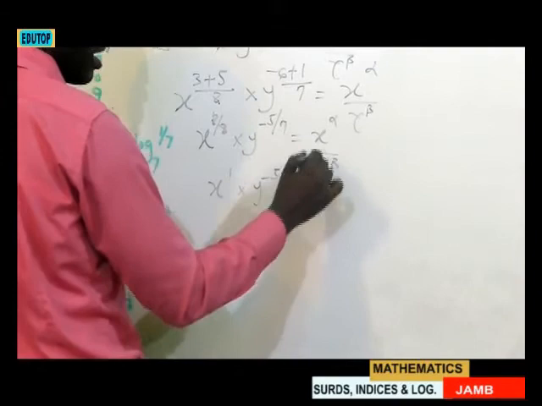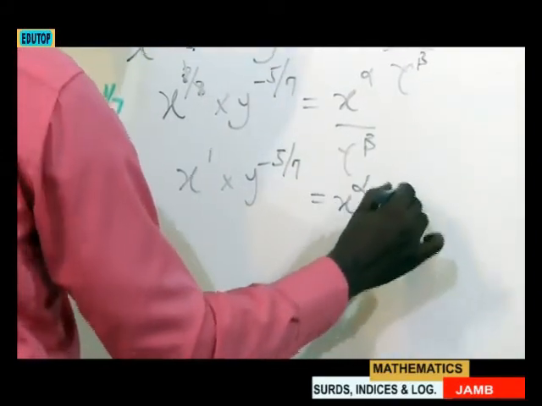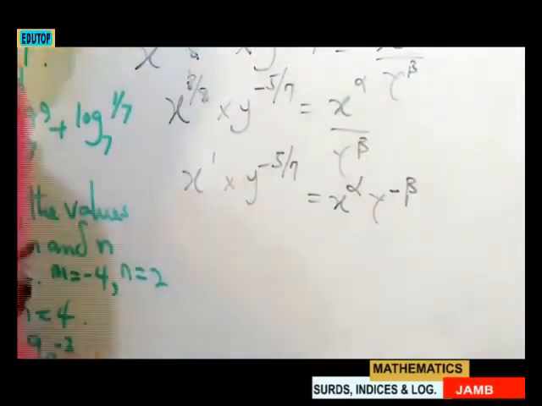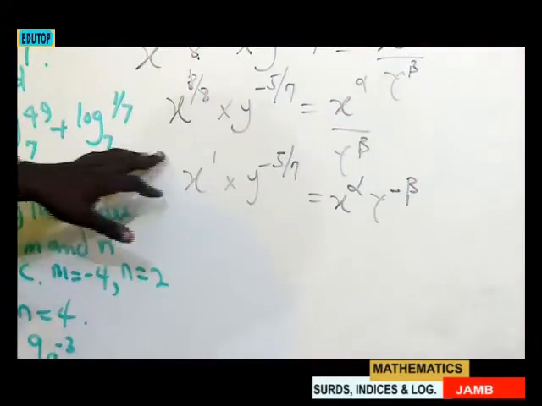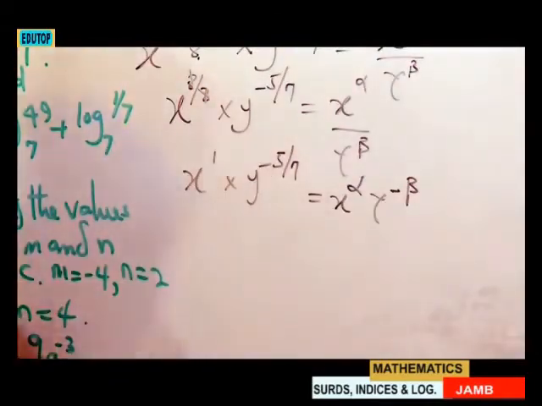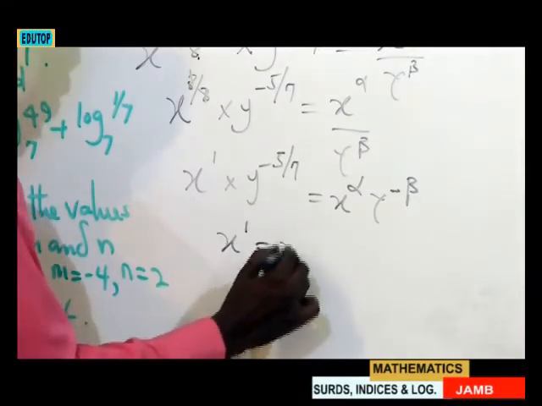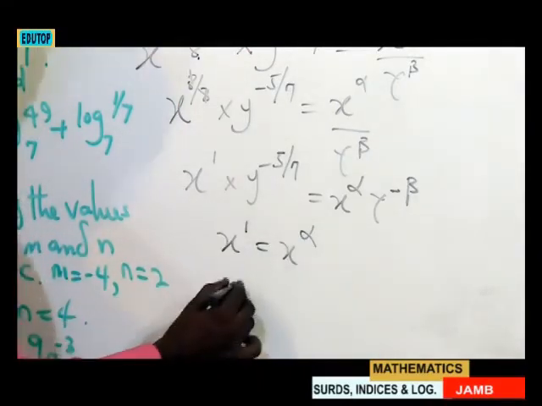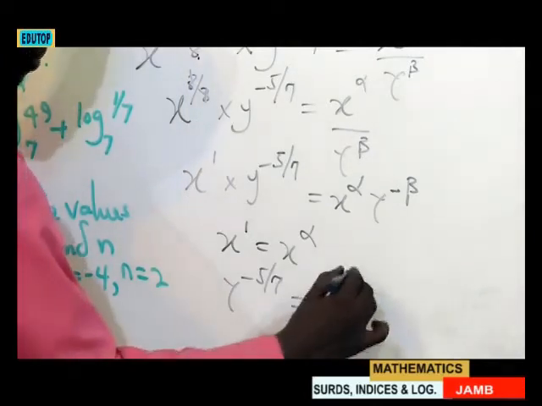If I want to bring my y raised to the power beta up, it will be y raised to the power minus beta. The law of indices is still in play here. Then I compare this with this. So I have x raised to the power 1 equals x raised to the power alpha, and y raised to the power minus 5 over 7 equals y raised to the power minus beta.